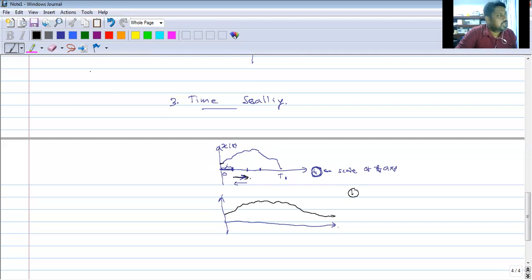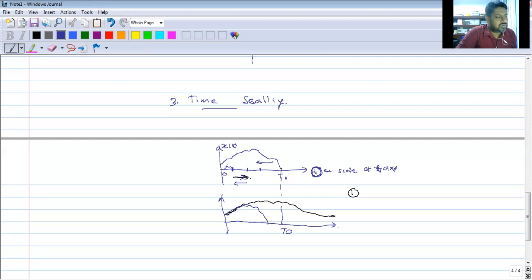And if we reduce the distance, for scale, this signal will be compressed. That means it will shrink, so it is like this. So here it is T naught.